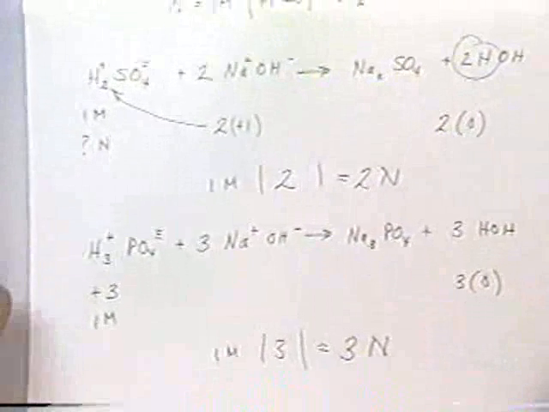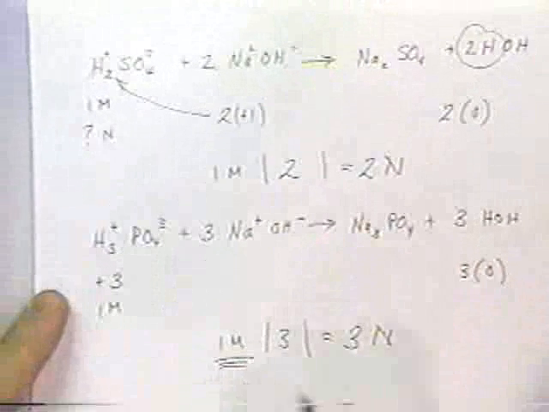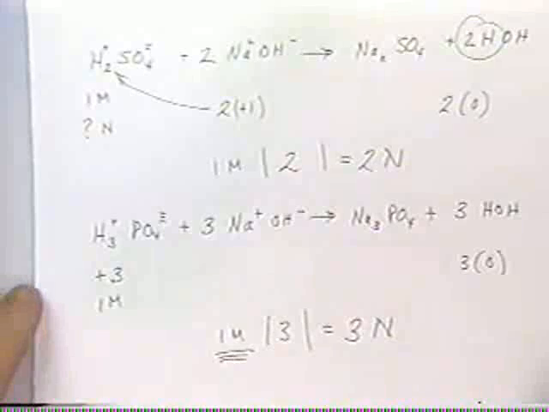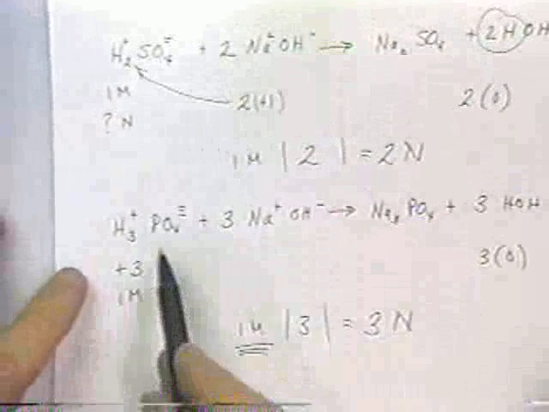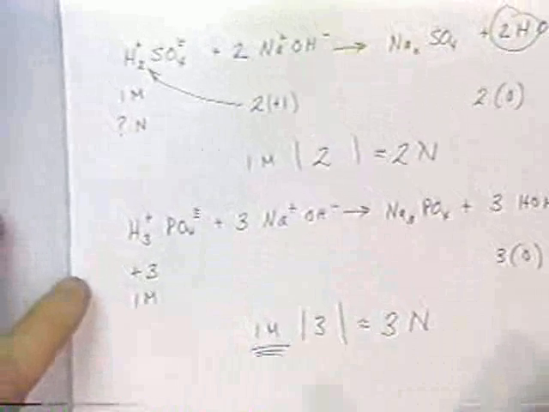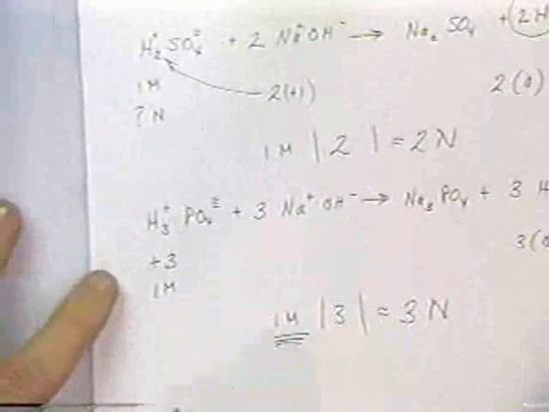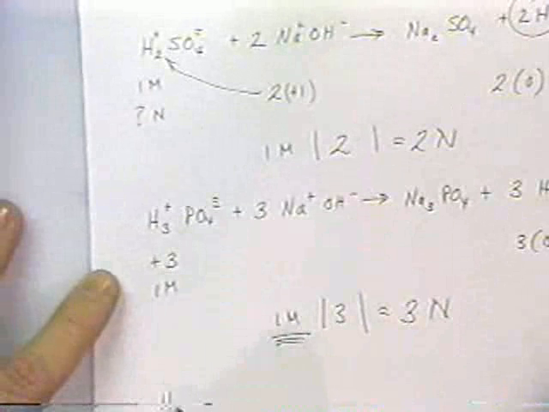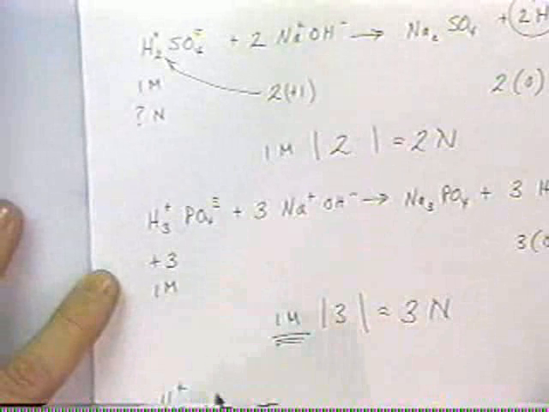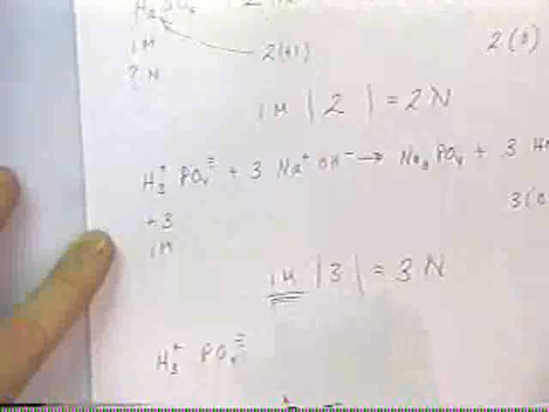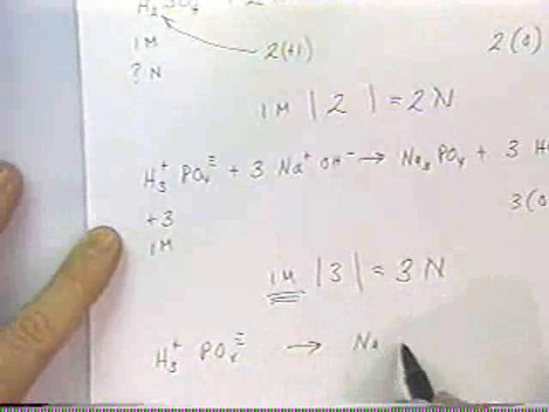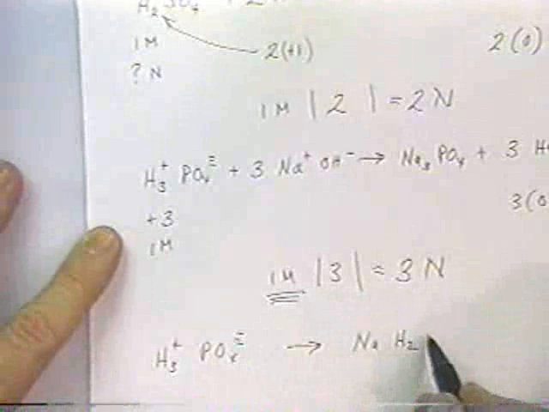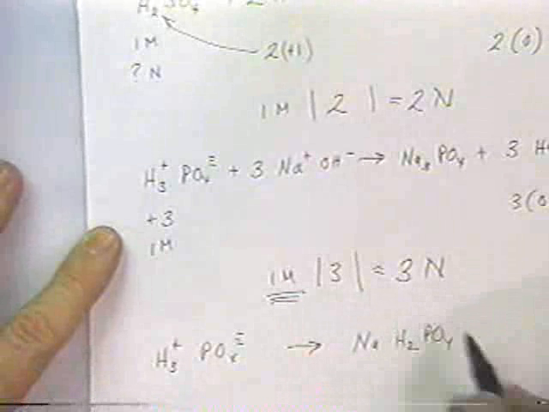Now you might ask, this seems crazy. Why don't you just describe molarity all the time? The idea is that you can differentiate because sometimes there are weak reactions. You might have a case where this phosphoric acid, if you don't have a strong base like sodium hydroxide, you can actually end up with, let's say, sodium and then H2PO4.